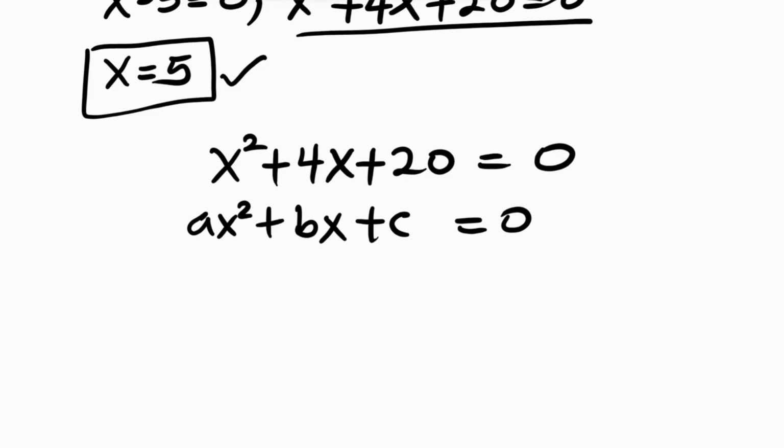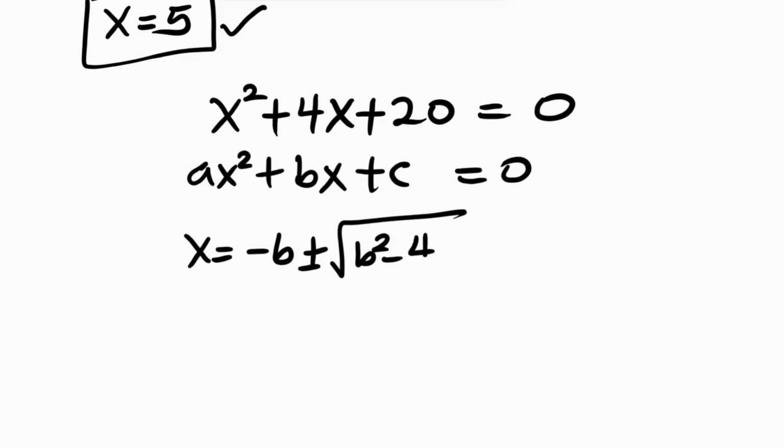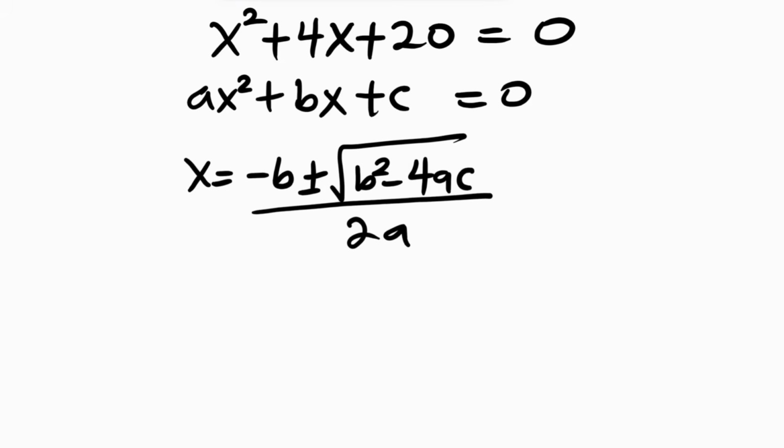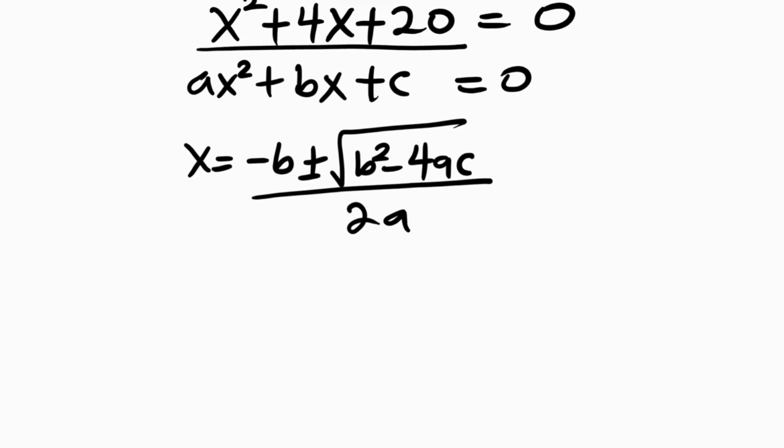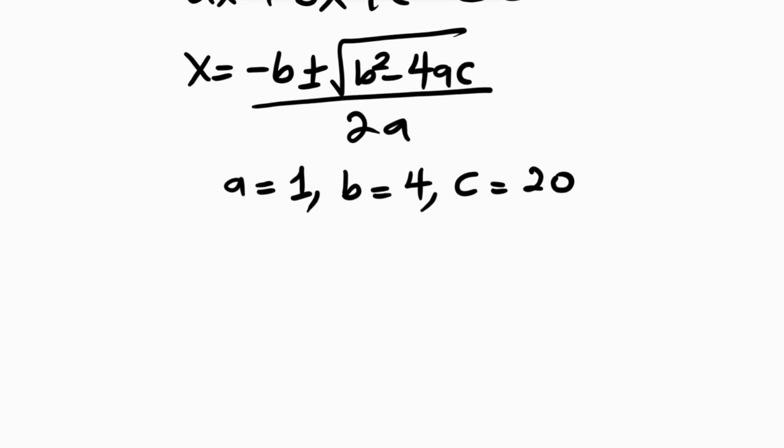So now we're going to have to apply the quadratic equation formula, which states that x is equal to minus b plus or minus the root of b squared minus 4ac divided by 2a. So based on our equation, our a is equal to 1, our b is equal to 4, c is equal to 20. So let's plug these values into the equation.